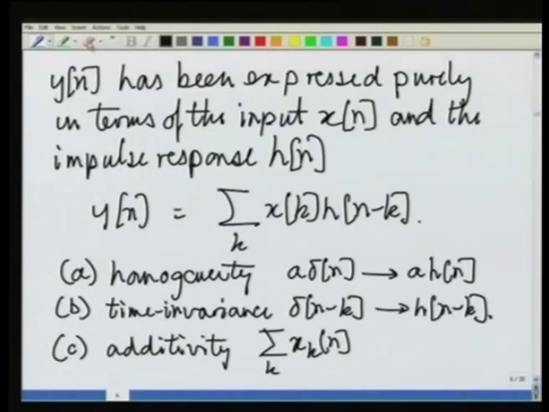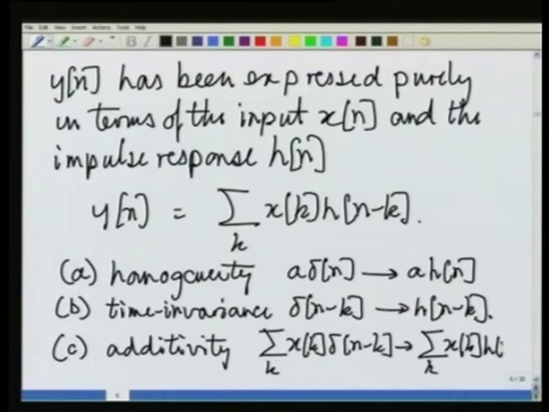Or if you like, I can just use the actual expression for x_k[n] to get the output as the following sum of x[k] h[n minus k]. So, this is the major step forward that we have now taken.